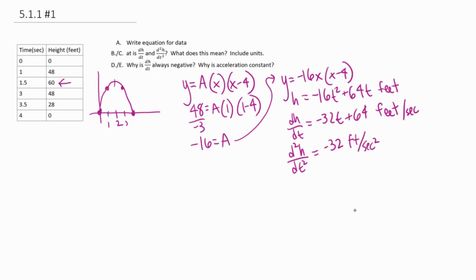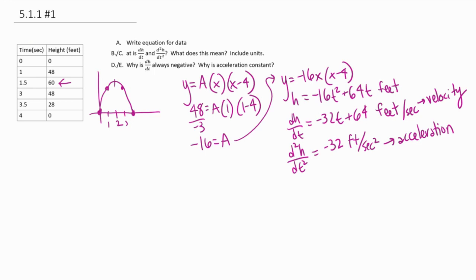So the derivative of height with respect to time is feet per second. You should recognize that instantly, we've done these types of problems before. That is my velocity. And then negative 32 feet per second squared, that is my acceleration. So the derivative of your height with respect to time gives you velocity. The second derivative with respect to time gives you acceleration.